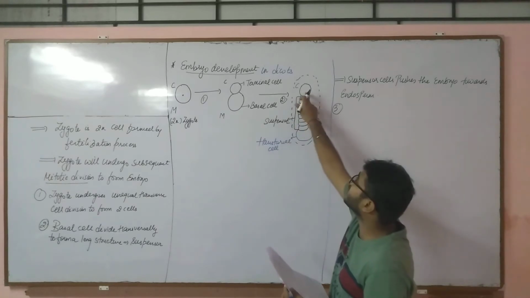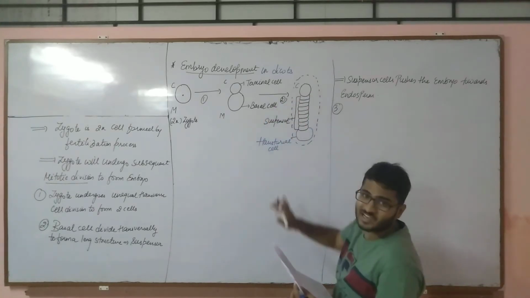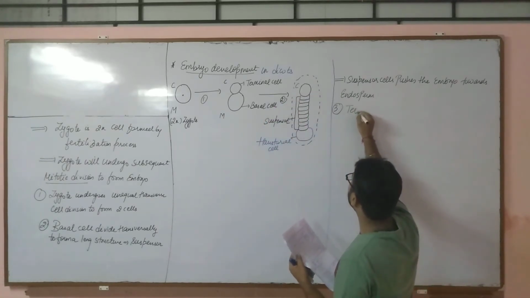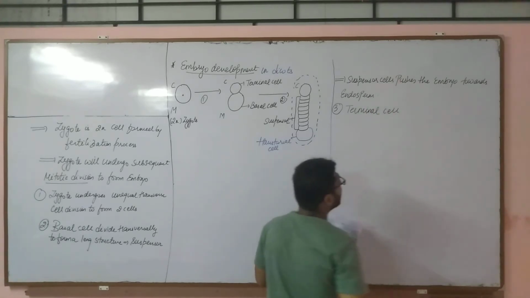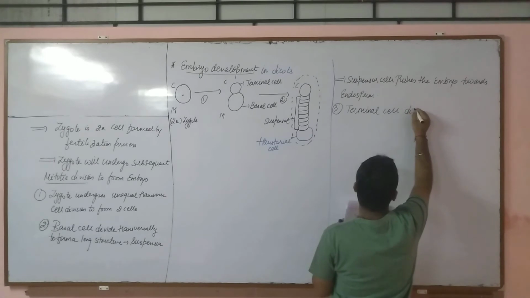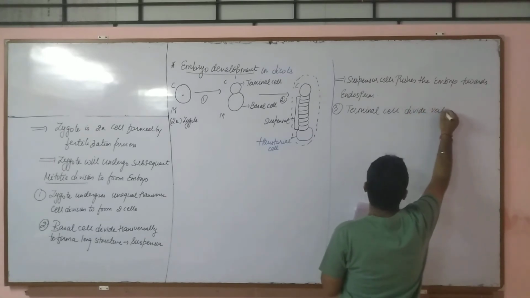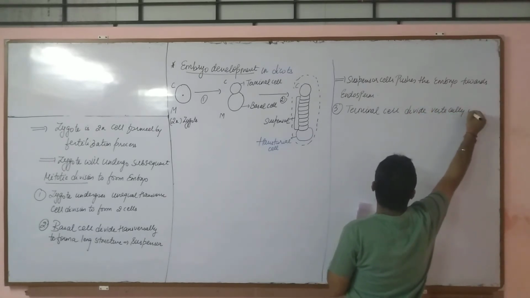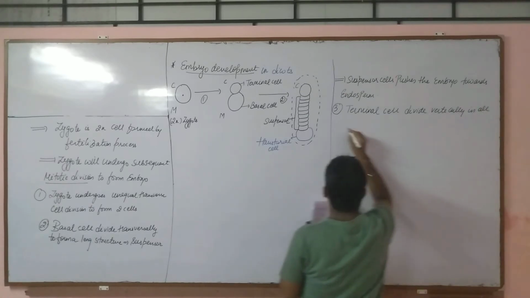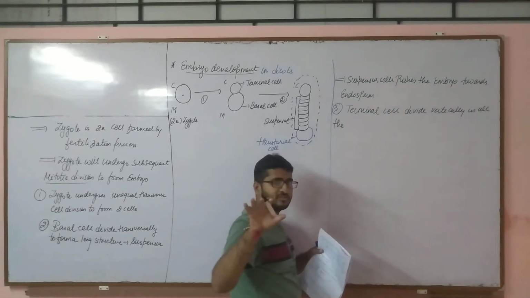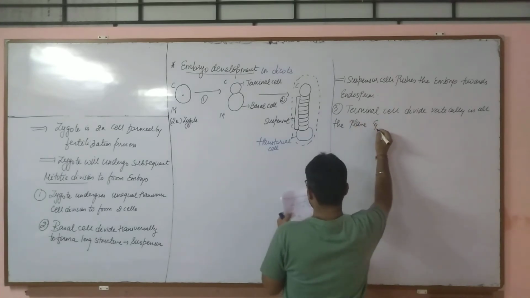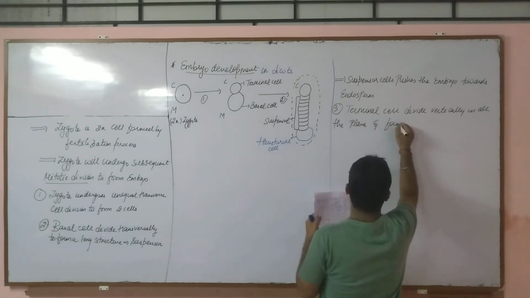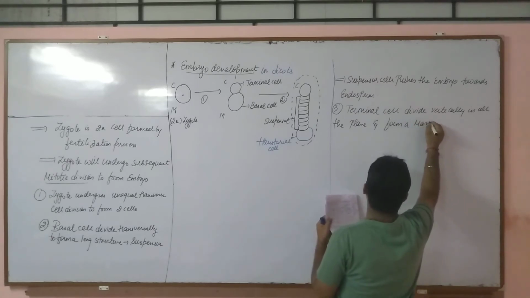The third step is the terminal cell that is located towards the chalazal end. So the terminal cell divides vertically in all the planes. That means in all the directions the terminal cell will divide and form a mass of cells.